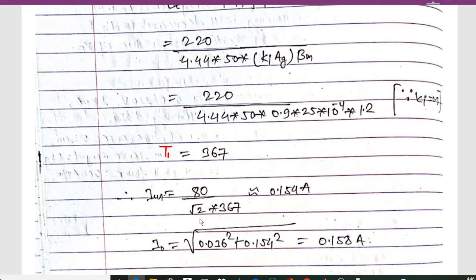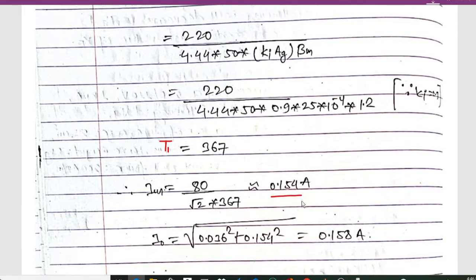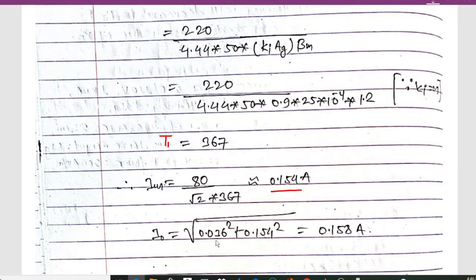Now Im will be 80 upon root 2 into 367, since the formula was at iron upon root 2 into T1, so at iron is 80 upon root 2 into T1, in place of T1 we have 367. So this will be equivalent to 0.154 amperes. Now I naught will be root of Ic square plus Im square, and we have obtained the value of Ic as 0.036 and value of Im is 0.154 ampere.